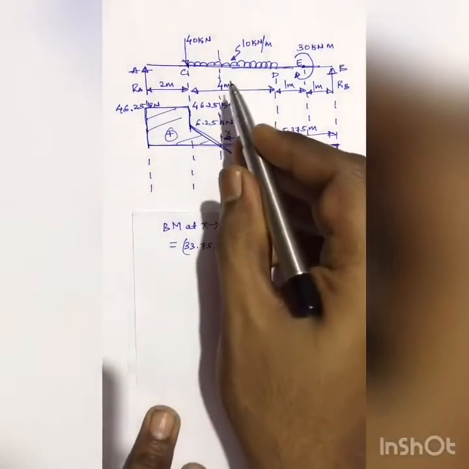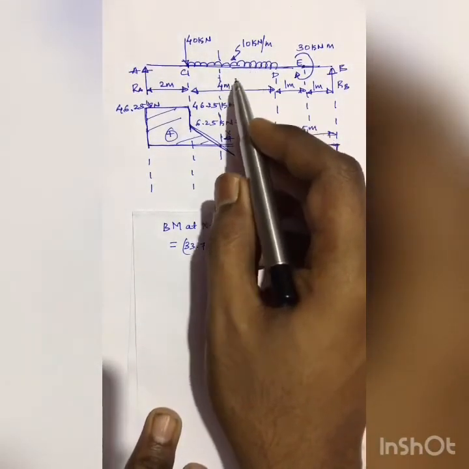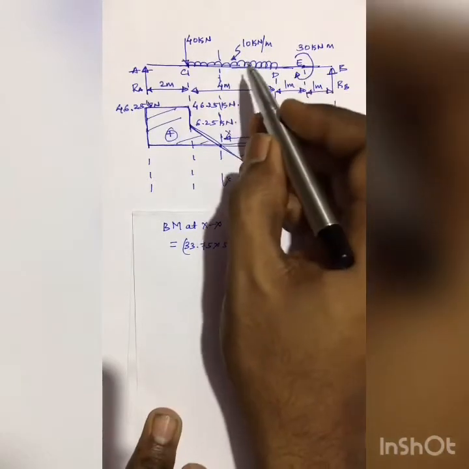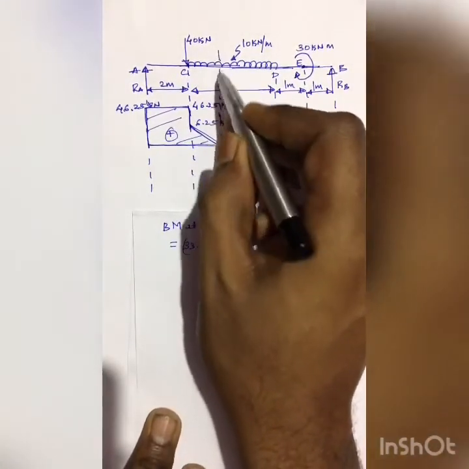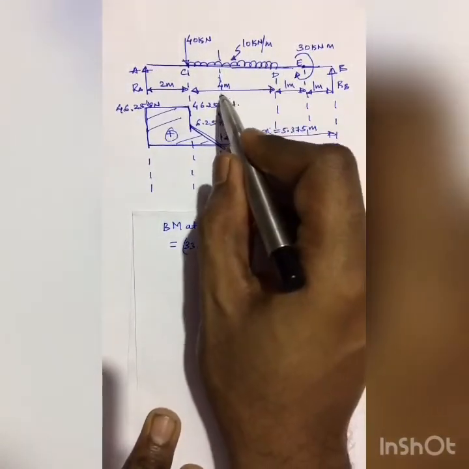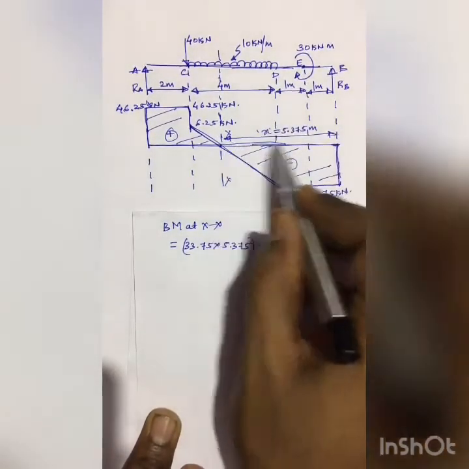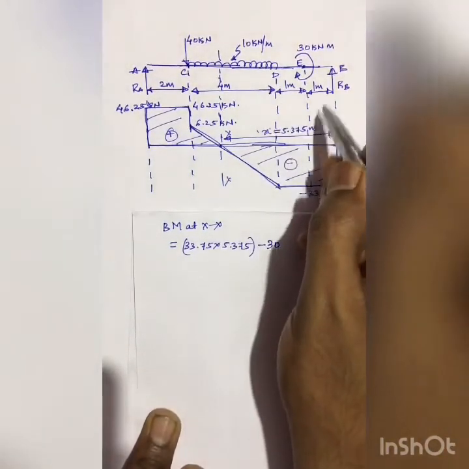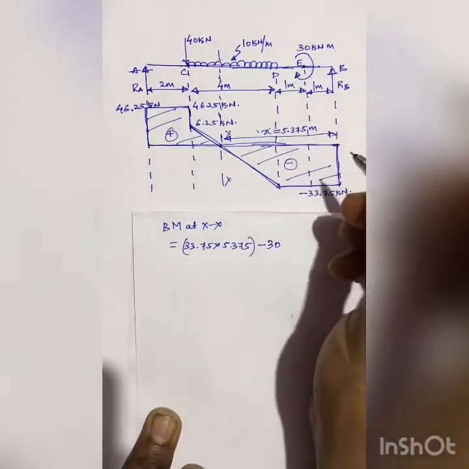And next I'll have to consider this 10 kilonewton per meter UDL, but I'll have to consider it not till this point but only till the section XX, like this. So I need to know what this distance is. This distance, is it not X minus 2? That is 5.375 minus 2, that is 3.375.